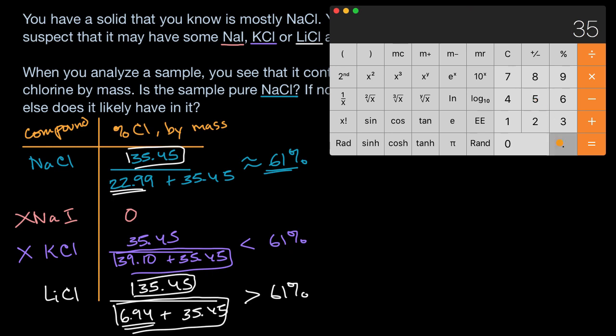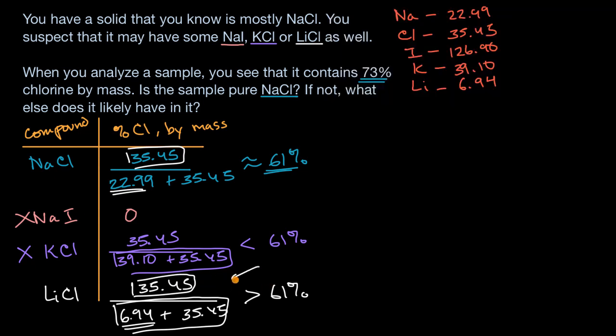We take 35.45 divided by, open parentheses, 6.94 plus 35.45, close parentheses, which is roughly 84% chlorine by mass. So that does the trick.